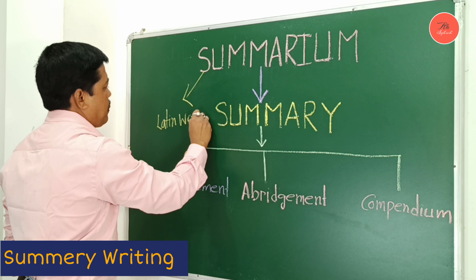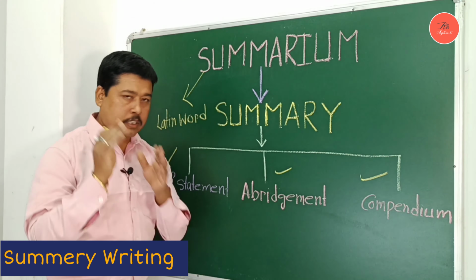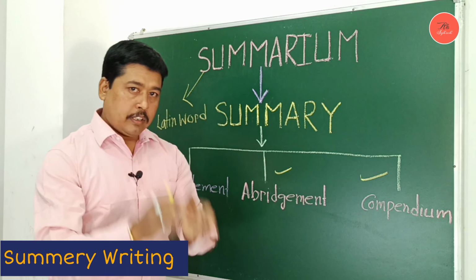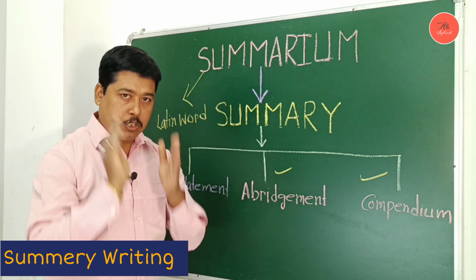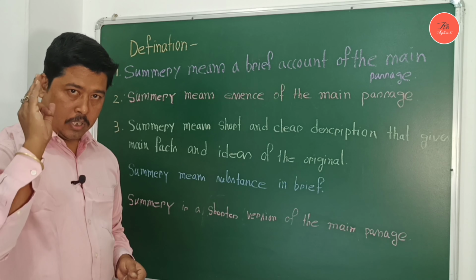Number 1, brief statement. Number 2, abridgment. Number 3, compendium. All the three words denote brevity in writing.